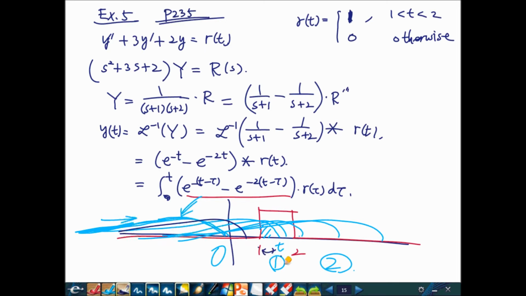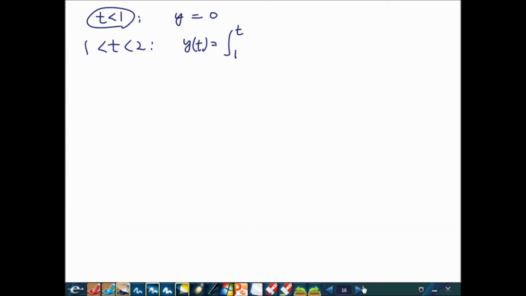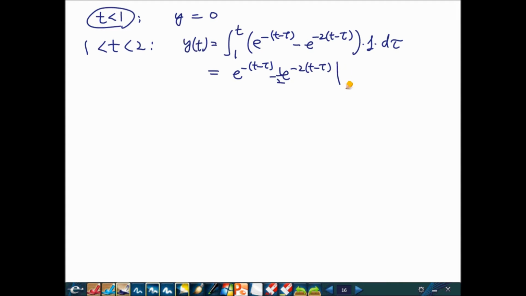That's the integration region. So e to the minus (t minus tau) minus e to the minus 2(t minus tau), times 1 d tau, and that's e to the minus (t minus tau) minus 1/2 e to the minus 2(t minus tau), from 1 to t. If you put in t, it's 0.